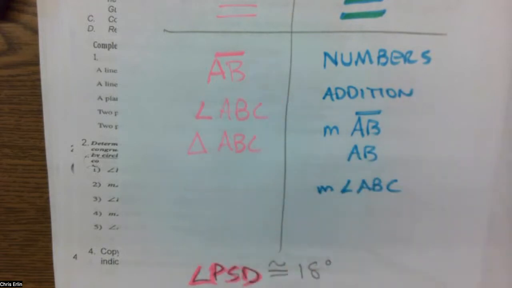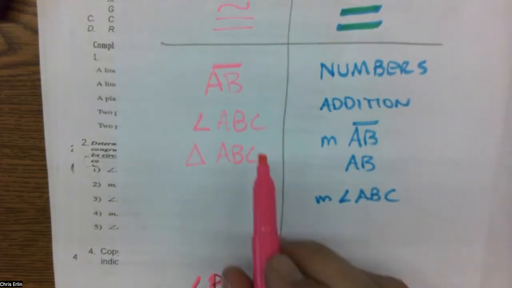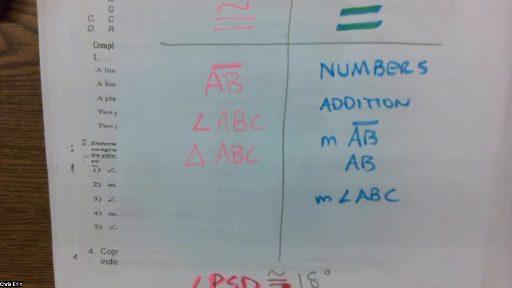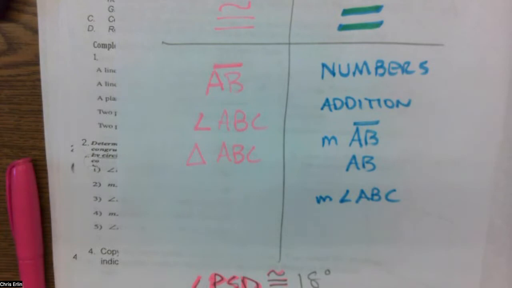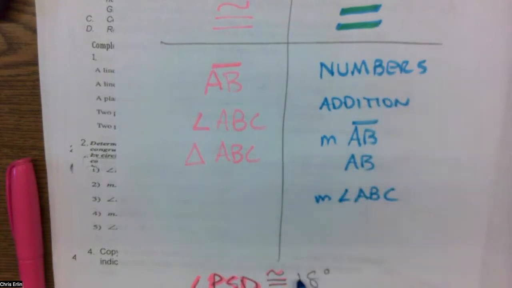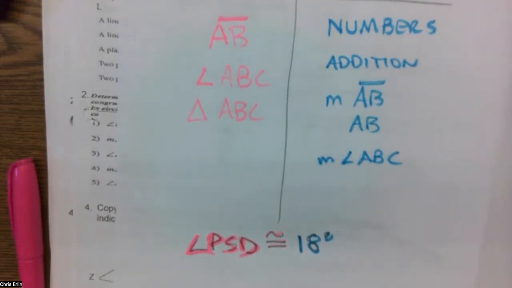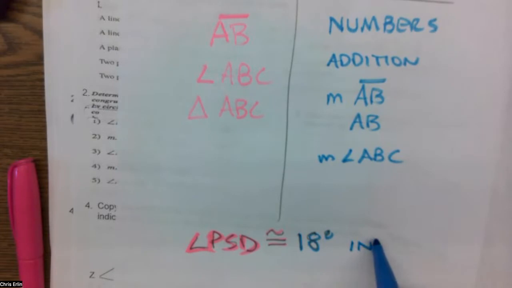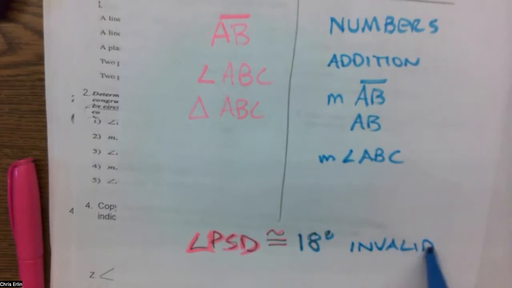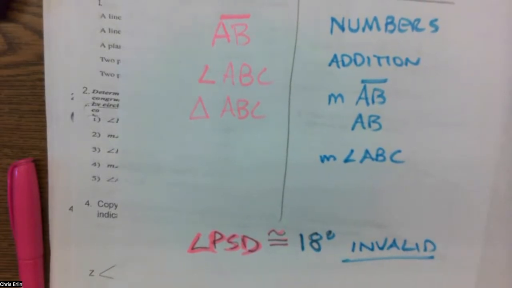Is congruence pink or blue? It's pink, right? It's part of the congruence world. What about the number 18? That's an equals world. So notice that I've got two pinks and a blue. That's mixing up different communications we should be using. So this is an invalid way to write something. Your formatting is off if you tried to write it like this.